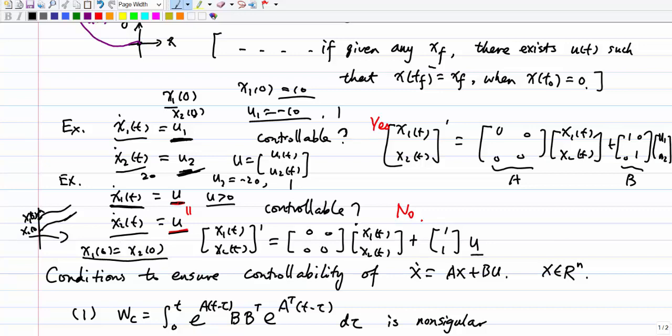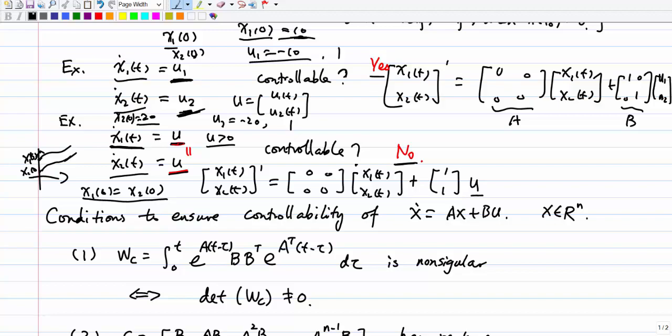For the previous case, if x10 is 10 and x20 is 20, you cannot do it: if you drop the first from 10 to 0, you can only drop x2 to 10 by the same amount. That's why it's not controllable.